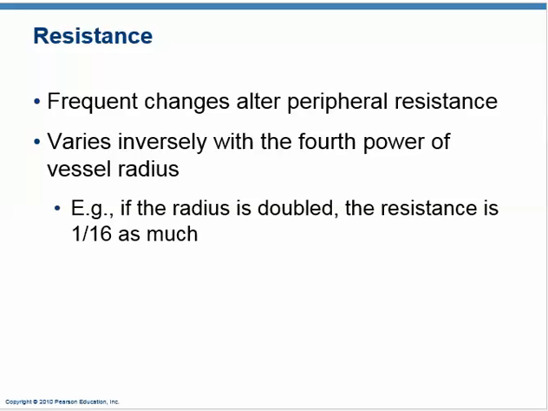The way that it works is resistance varies inversely to the fourth power of the radius of the vessel. What this is saying is basically if you double the size of the blood vessel, so the lumen becomes twice as large, the resistance drops to the fourth power, which is 2 times 2 times 2 times 2, or 16. So that means that a blood vessel that vasoconstricts to half its size has 16 times more resistance, so 16 times less flow at the same pressure.